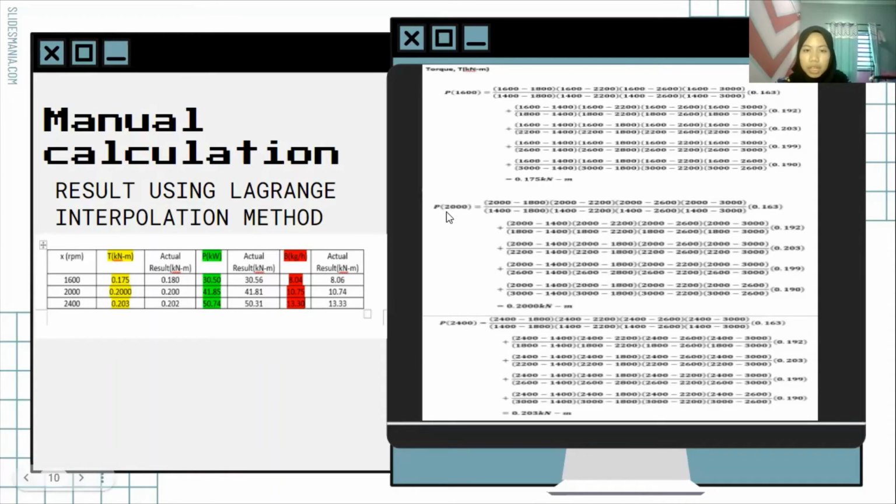For 2,000, we get 0.2, the same answer as the actual result. For the last, we get 0.203 and the actual result is 0.202, a difference of 0.001.